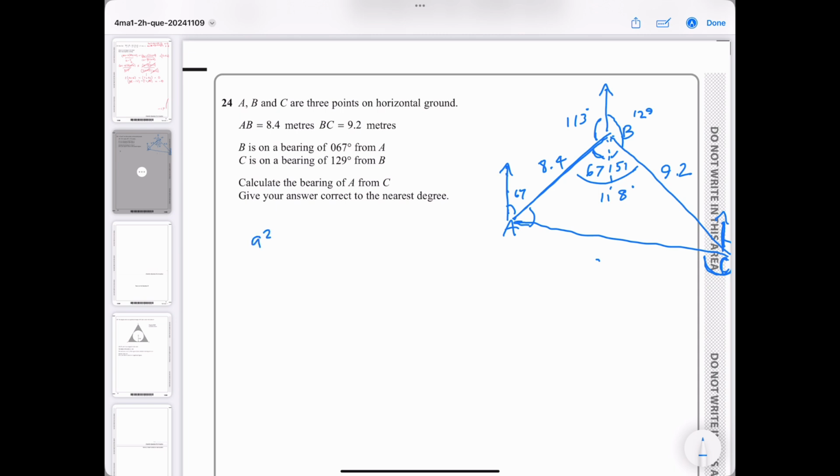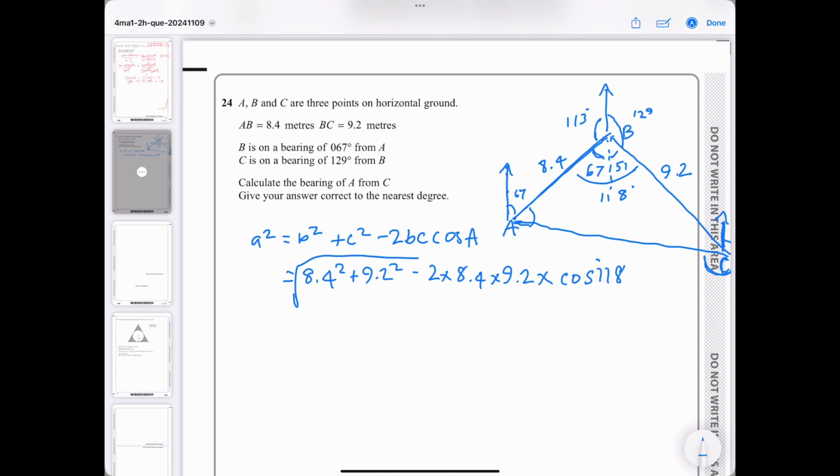So a squared equals b squared plus c squared minus 2bc cos A. So that equals 8.4 squared plus 9.2 squared minus 2 times 8.4 times 9.2 times cos 118. And then we'll square root that to find out what a is. I wonder if I can do this all in one go.